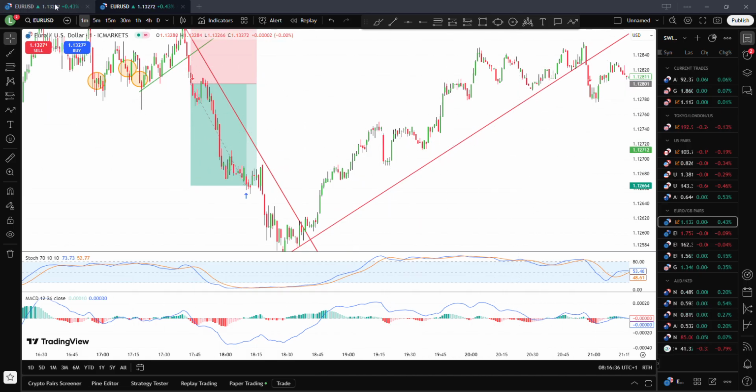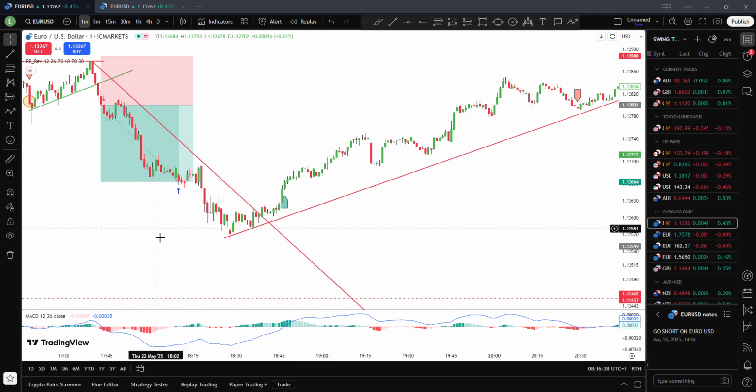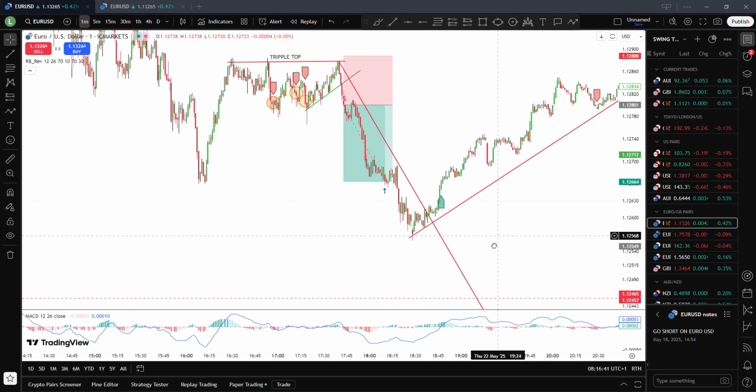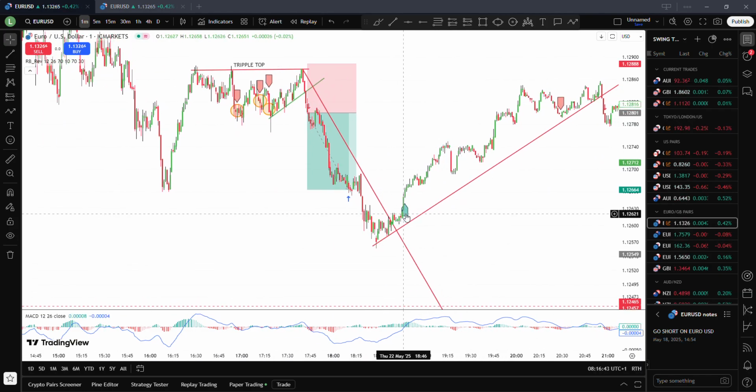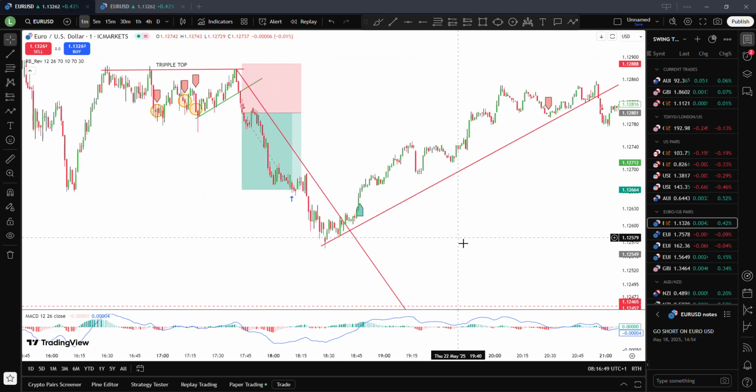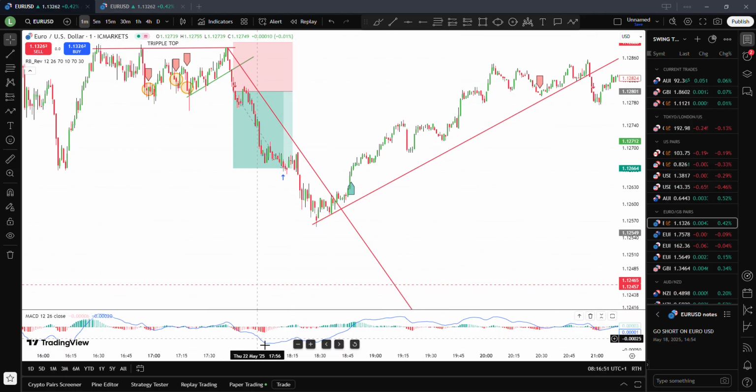If we go back to the chart where we've got the Rob Booker indicator, we get a buy. And this one would have been perfect. We missed this. We didn't get in on this. I was away from the screen. You can see here that we're really oversold on momentum.